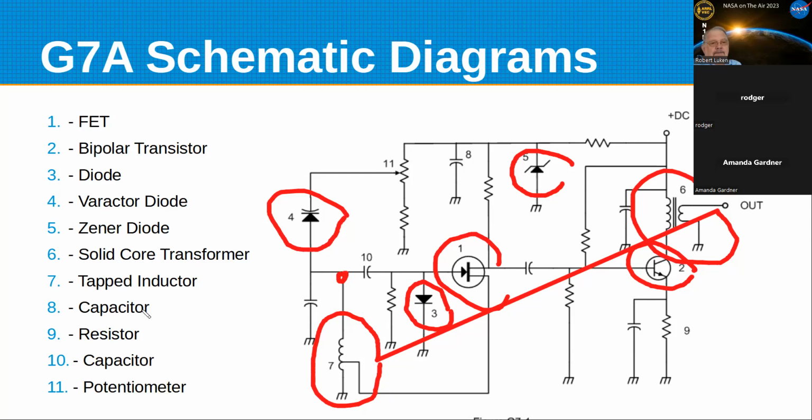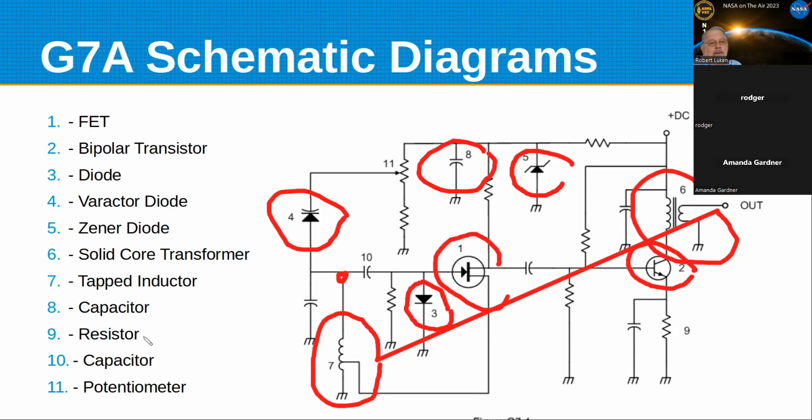We got capacitors, number 8. It turns out there's a bunch of them on here, but they only care about number 8. And these symbols are all the same. Sometimes you will see a different symbol if it's an electrolytic capacitor. They don't put those on the test.